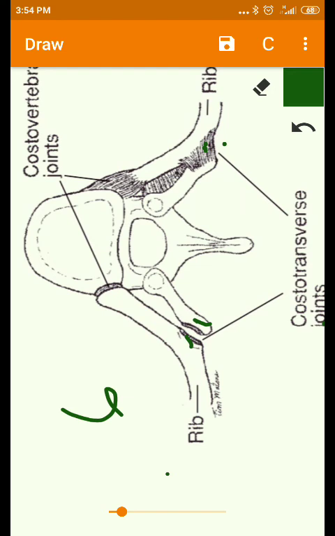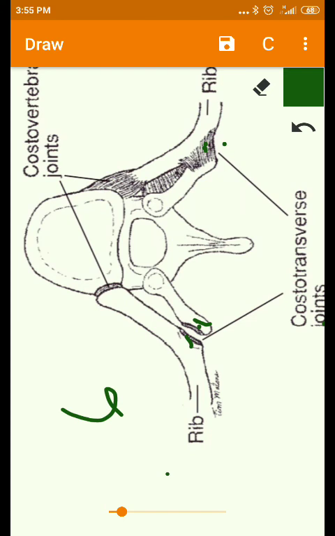We have seen that all costovertebral joints have the movements called rotation and gliding. Here in the costotransverse joints, the upper 6 costotransverse joints help in rotation at that joint, which helps in pump handle movements.